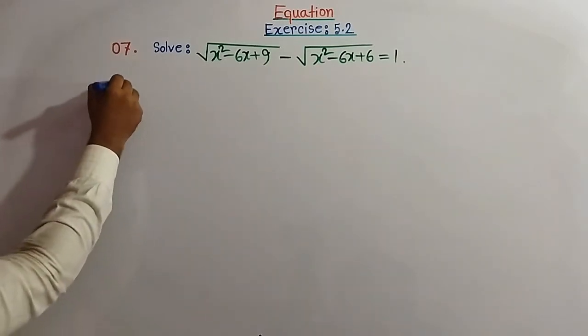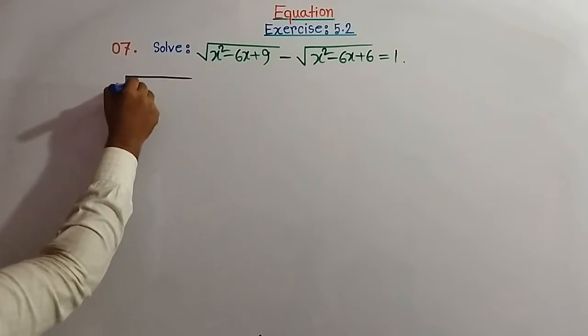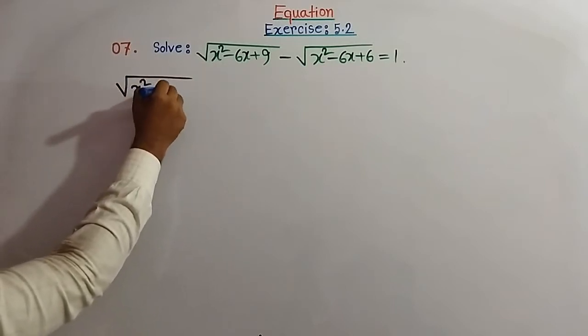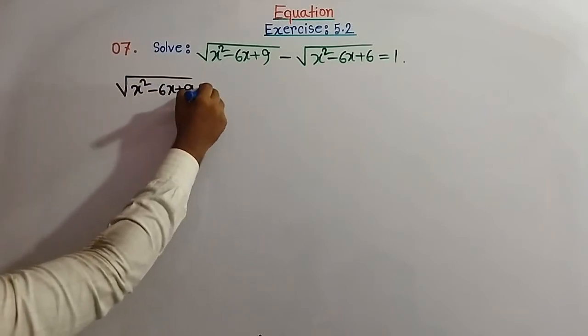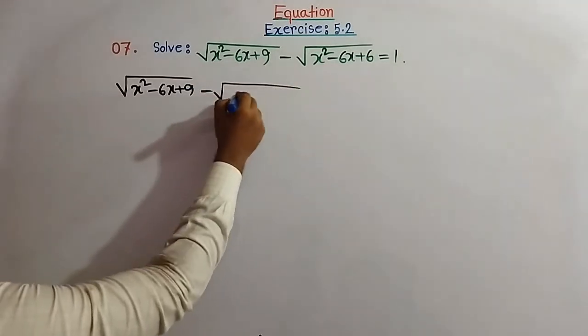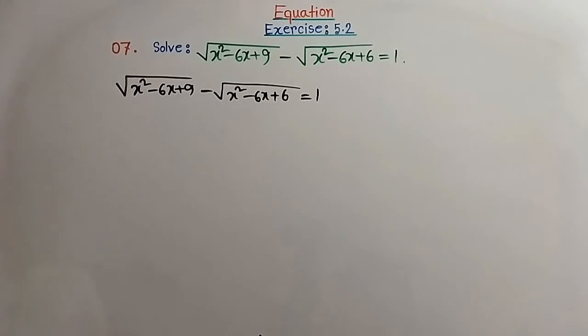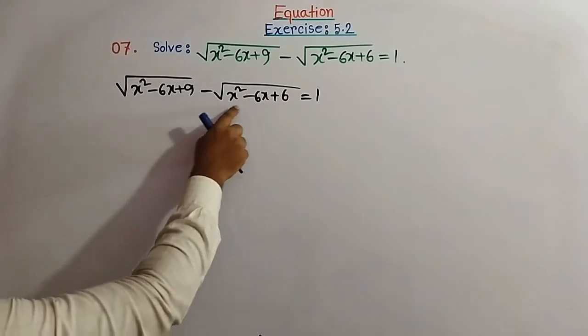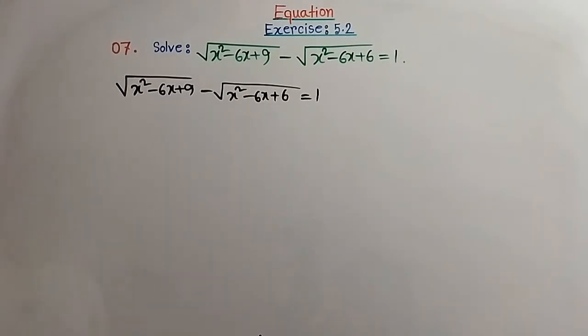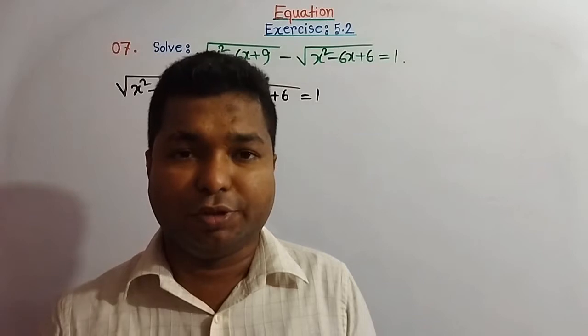Here the given equation is square root of x square minus 6x plus 9, then minus square root of x square minus 6x plus 6 equal to 0. Here on the left hand side there are two terms with radical sign, that is a square root sign. So for removing the square root sign, we have to square on both sides.